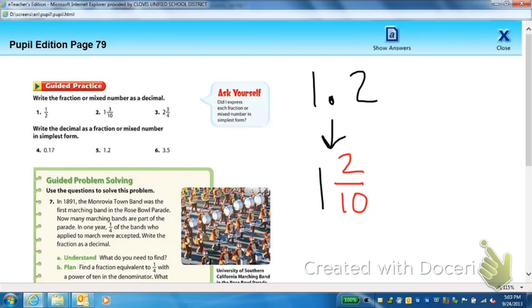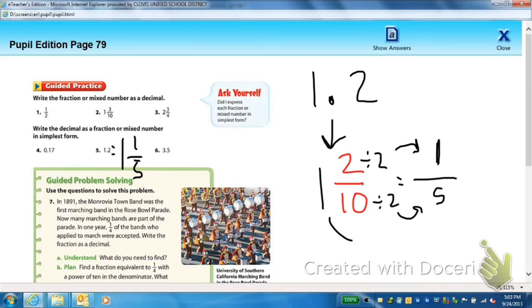Now you have to reduce it. It's going to be 1. That's going to be 5. So your answer for number 5 is going to be 1 and 1/5. Because you can't forget about your 1 that goes right over there.